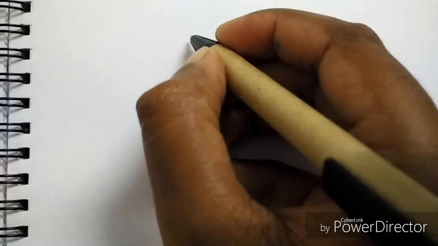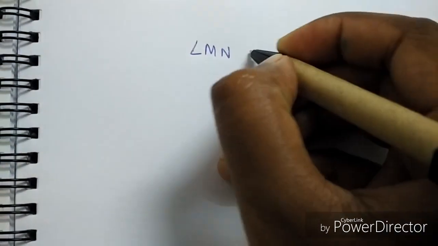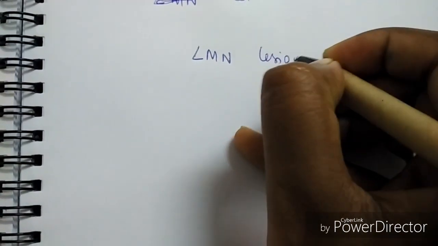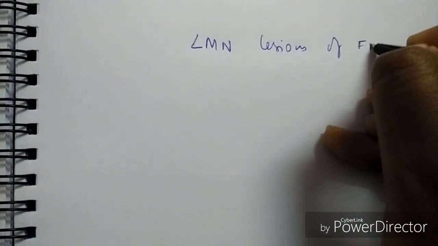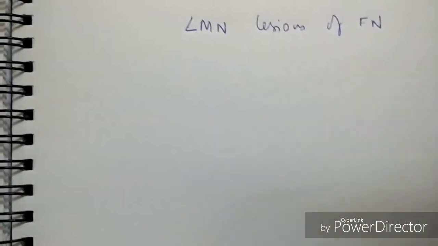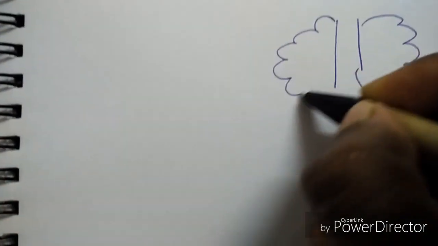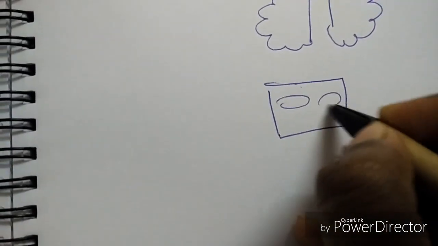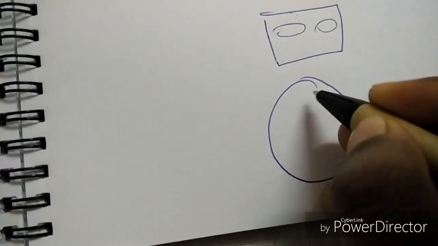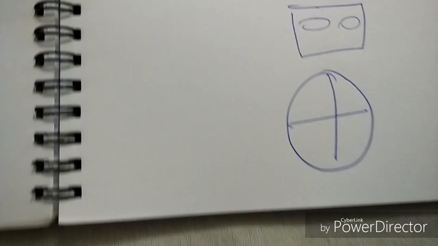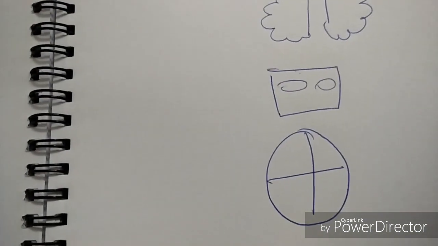Lower motor neuron lesions of facial nerve. Now, as usual, let's draw the cerebral cortex, pons, face. Now, this one is fairly simple.